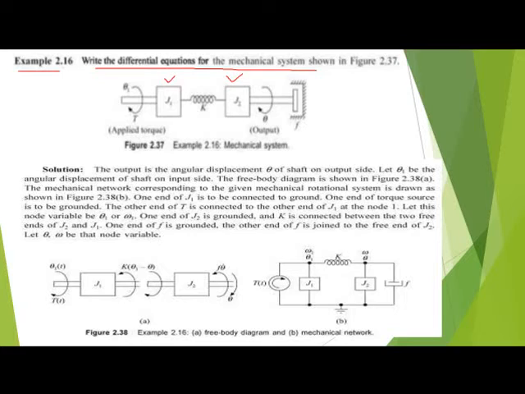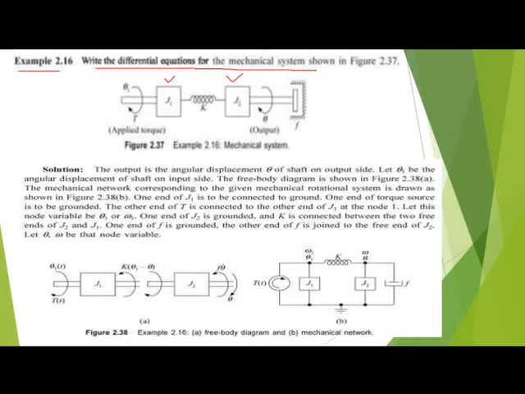In between, a torsional spring is connecting them, with one end of the shaft connected to the moment of inertia J1 and the other end of the shaft connected to the other moment of inertia J2. Then the damper is connected to this end, and after the damper the end is drawn. Theta 1 is the applied angular displacement, and theta is the output angular displacement of the other shaft.